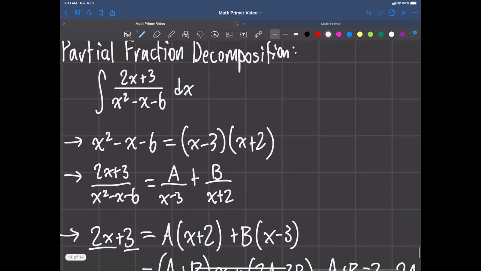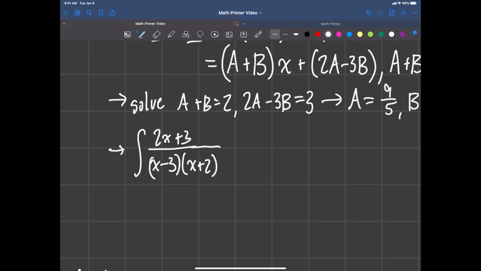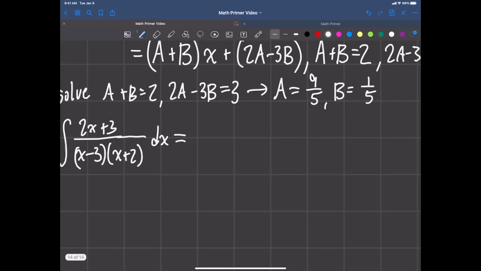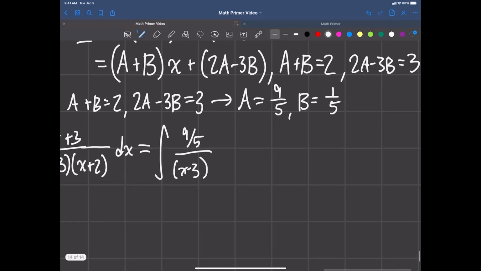So if we go back to the integral, 2x plus 3 over x minus 3 times x plus 2, the denominator factored out, then we get a over x minus 3, our previous form that we had here, plus 1 over 5 over x plus 2.